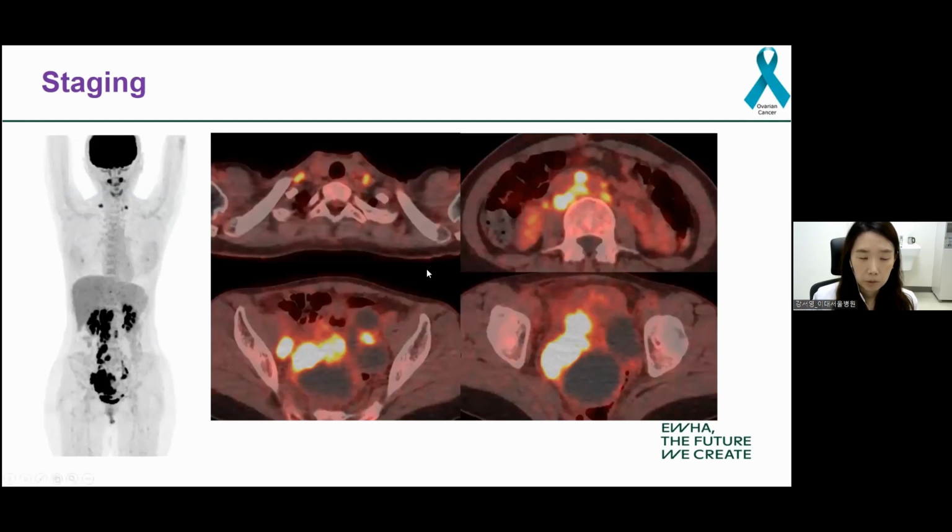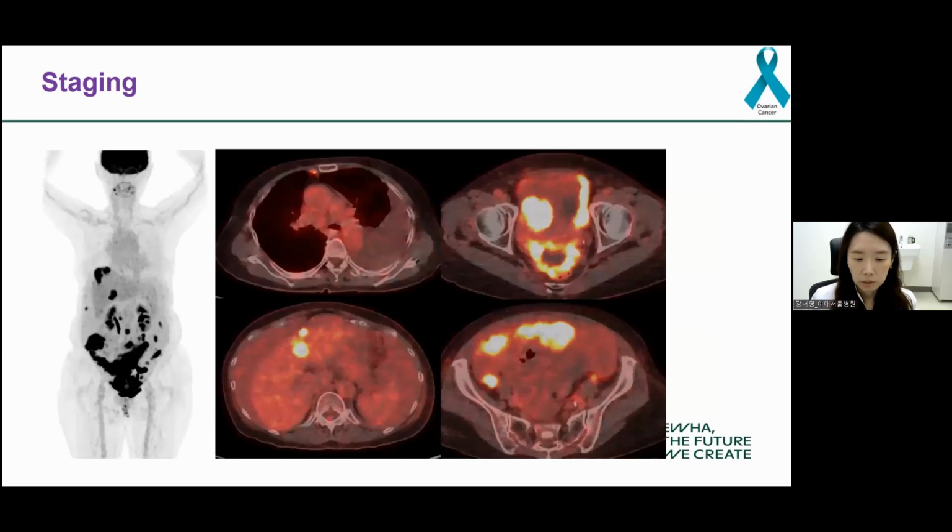The pathologic finding was serous adenocarcinoma, high grade. So the patient is stage 4. She underwent surgery and concurrent chemoradiotherapy.